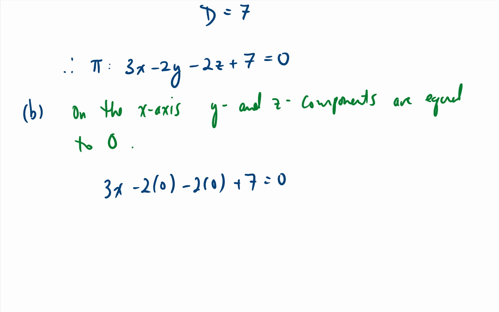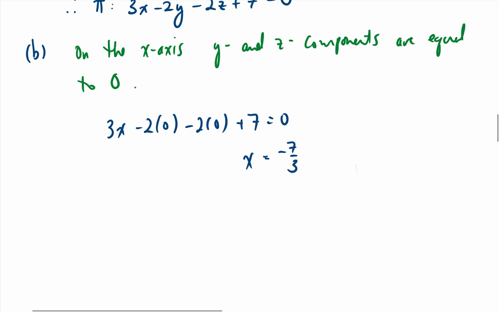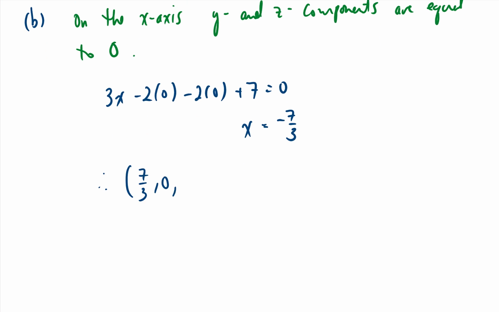So right away, I can see that x is equal to negative 7 over 3. And recall, if we were using the vector equation or the parametric equations, there would be a lot more work to find this x value. So therefore, the plane crosses the x-axis at (-7/3, 0, 0). So that's the point where it crosses the x-axis.